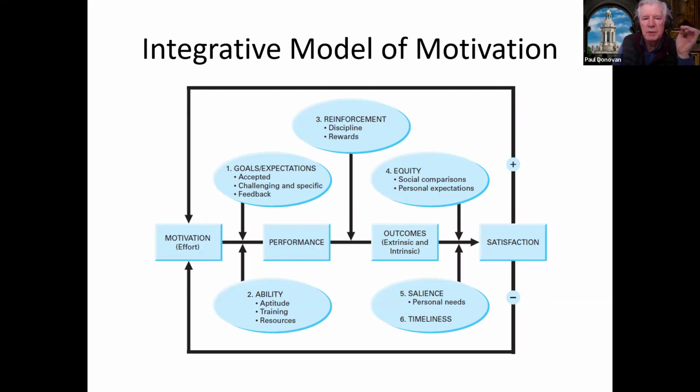The first question is, if I put the effort in, will I be able to do it? The second question is, if I do it, will it lead to something like an outcome? And the third question is, is this outcome something that I value or that will lead to some kind of satisfaction?